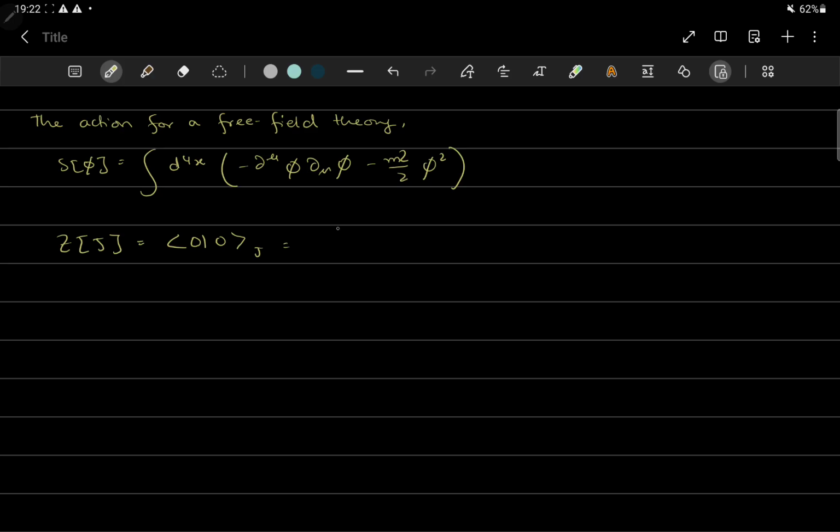For an interacting field theory, this expands to the integral over the exponential of the action, where now the action is comprised not only of the free field terms but also the interacting terms. Let me denote the free field Lagrangian as L0, the interacting Lagrangian as L1, and the extra term J phi, which was pre-existing.